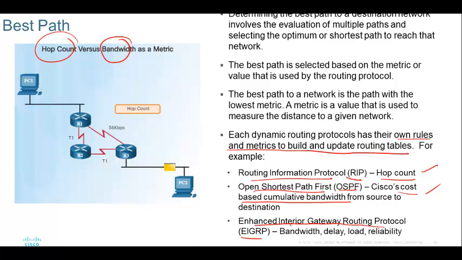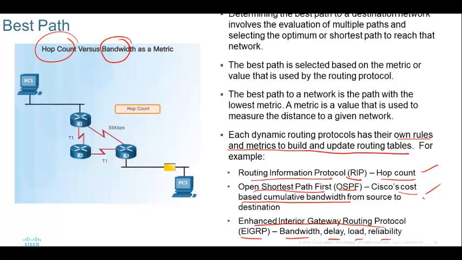Now, coming to the point. Why do we have more than one routing protocol? Because they have their own rules and metrics. When you know what rules they follow, you can pick the one whose rule is better for you. If you say OSPF rules I like, you can run OSPF as the routing protocol in your environment.